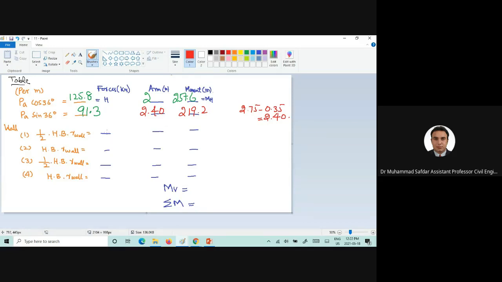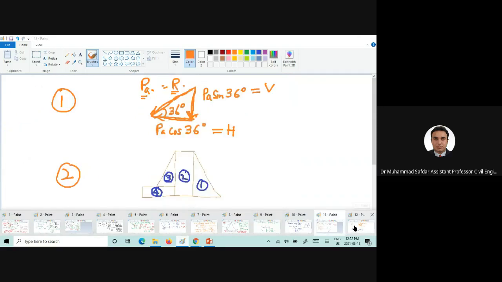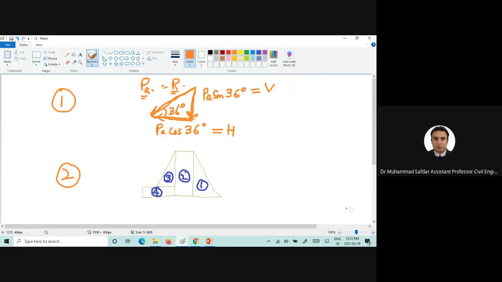Okay, how about the forces due to the weight of the retaining wall? And I told you to take a picture of this screen, that this would be 1, 2, 3, and 4 parts. So if you divide this retaining wall into 4 parts, then we can easily find out the forces which are exerted. For example, let me draw here. It would be somewhere here.